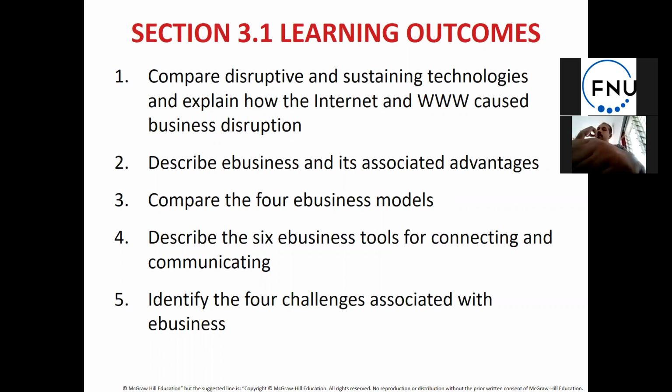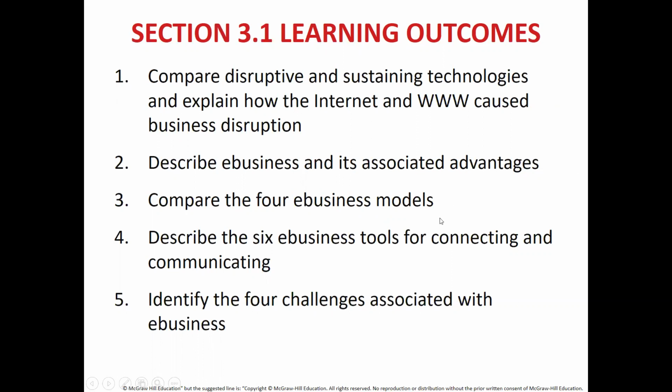We will be comparing the four most likely electronic business models. Furthermore, we'll describe the 6 business tools for connecting and communicating, okay? And also we'll identify the 4 challenges associated with e-businesses. So these are the 5 main learning outcomes for section 3.1.